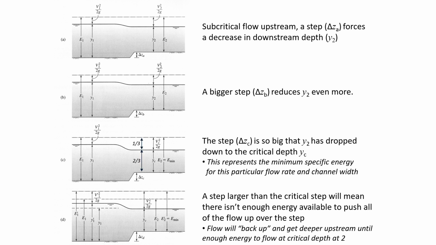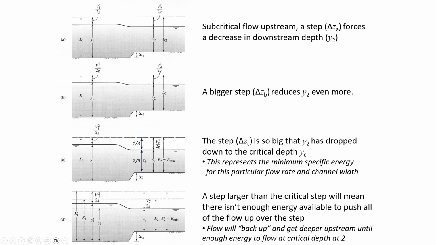Okay. Now, as a reminder, if you have a rectangular channel, actually, I think it is true even for a non-rectangular channel, when conditions are critical, depth accounts for 2/3 of the specific energy, and velocity head accounts for 1/3 of the specific energy.